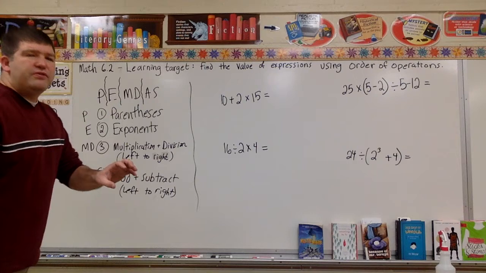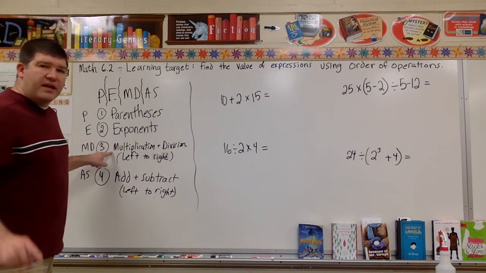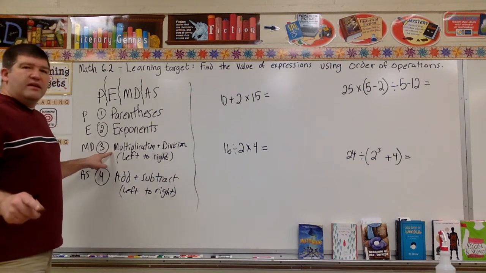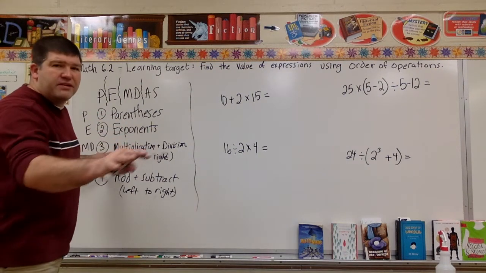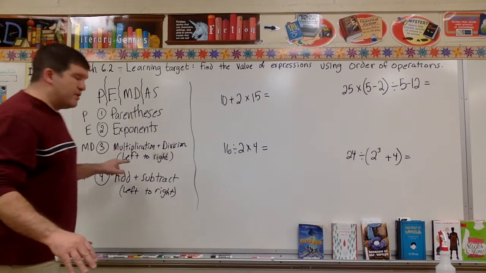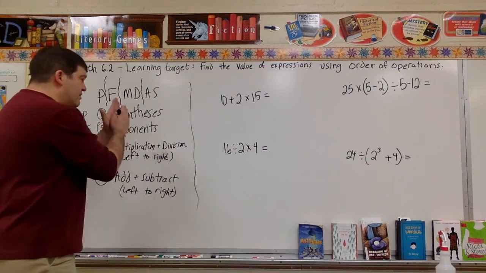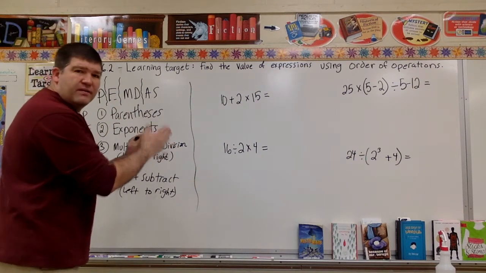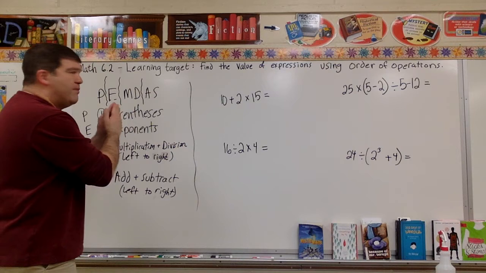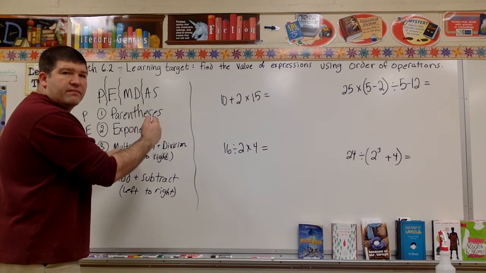Okay? Once you've done the P and the E, then number 3 is multiplication and division. And it doesn't matter, you don't have to do all the multiplication first and all the division second. It's multiplication and division left to right. So as you start left to right, it's like reading a book. As you start over here in the problem, if you get to, say, a division first, you do it. Okay?